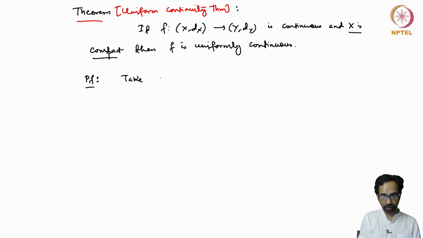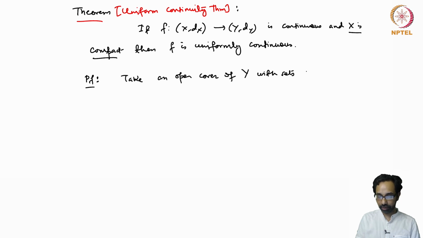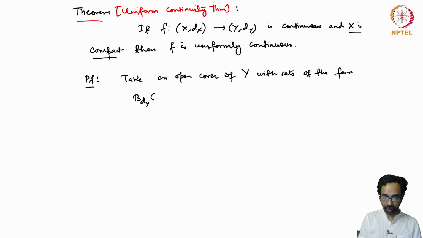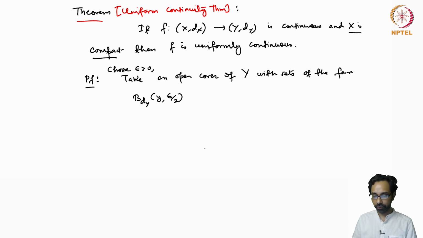To prove this, we choose epsilon greater than 0, and we take an open cover of Y with sets of the form metric balls of radius epsilon by 2 and with centers y. And so this is an open cover.